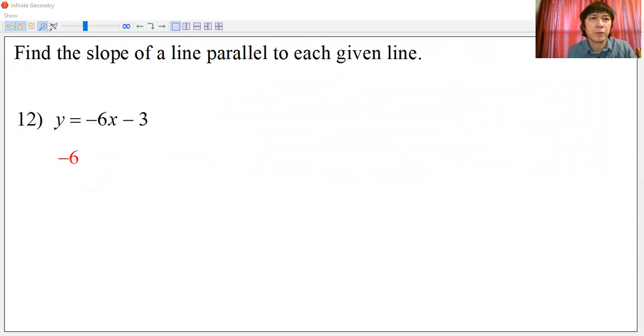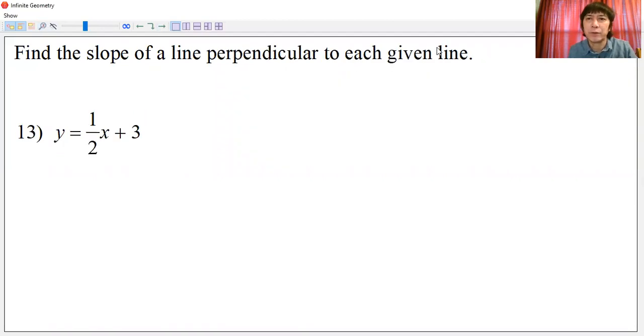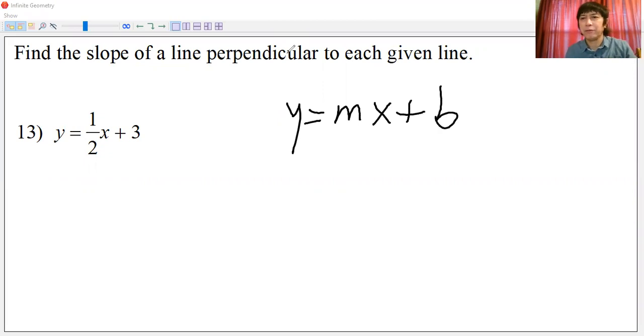Let's have the next problem, number 13. Find the slope of a line perpendicular to each given line. How do you get the slope of the line perpendicular to a given line? This is how you get the slope. If you have the given slope from this equation, if you have parallel lines, then the slopes are the same.